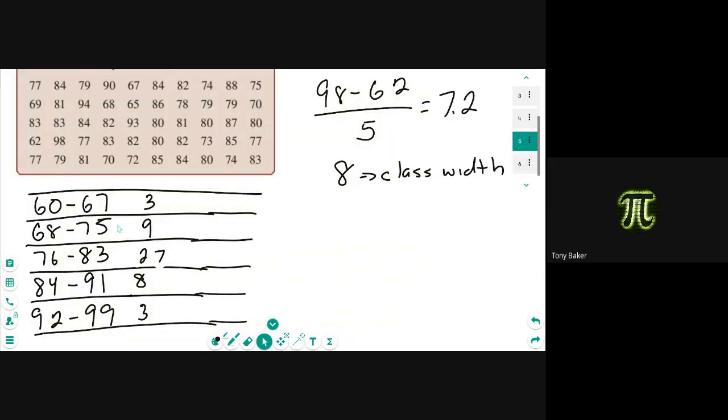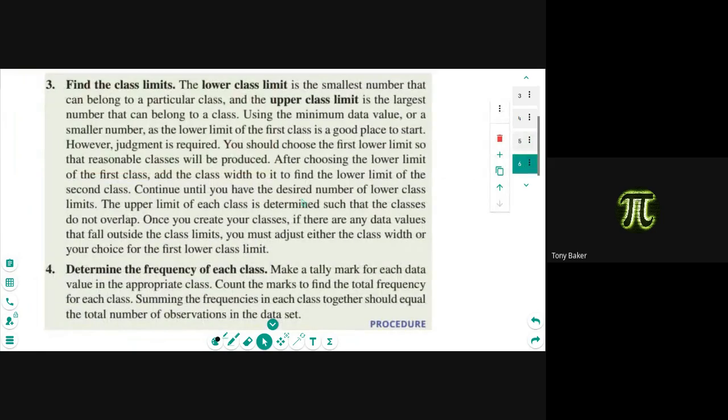That's the lower class and the upper class limit, so 60 to 67. Those are those limits. And then we determine the frequency of each class. That's how you create a frequency table. Okay. Does that make sense?